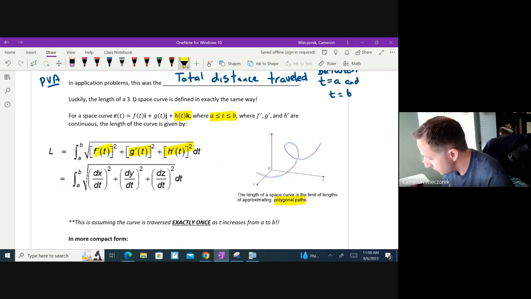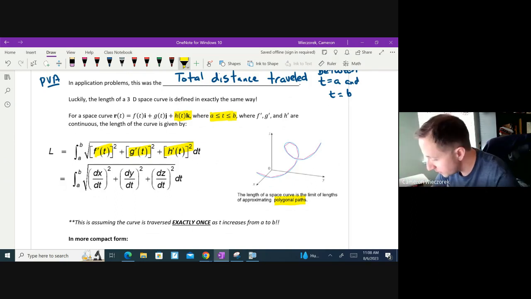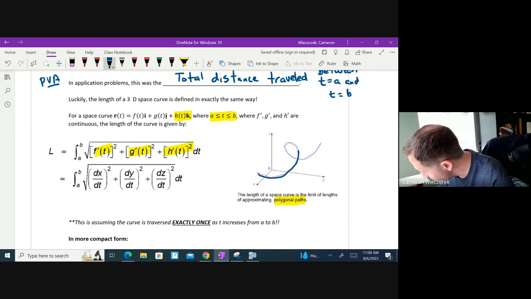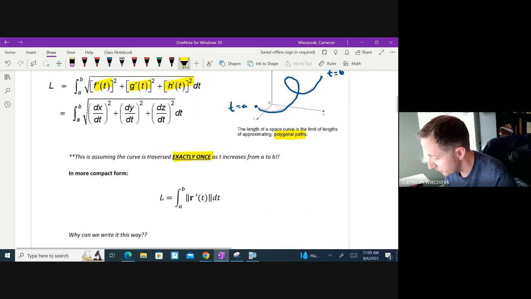We're taking the limit of the lengths of those polygonal paths, and the more little polygons we put together, the better it gives us a way to find the length of this space curve. This is from t equals a to t equals b, and we're assuming that we traverse that path exactly once so that we're not overcompensating for that length.